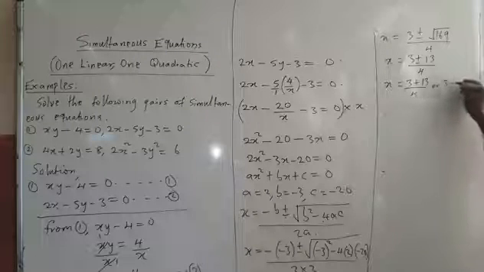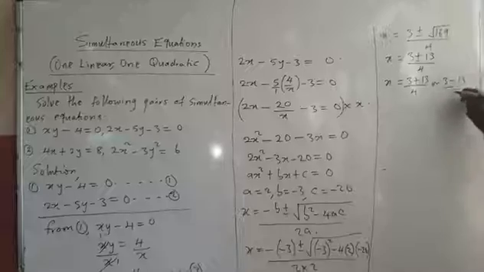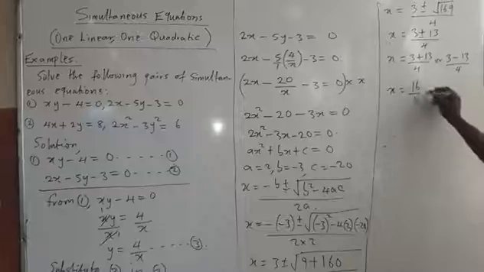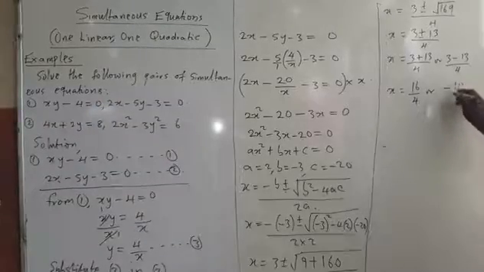So we have x equals 16 over 4 or minus 10 over 4.